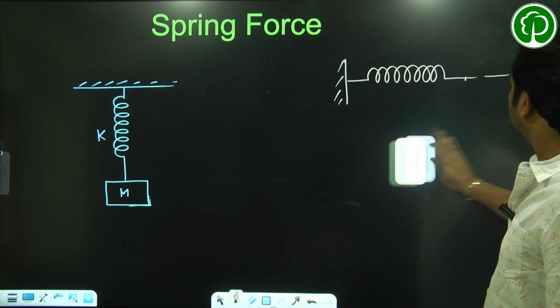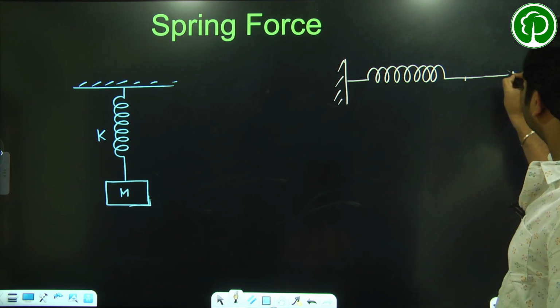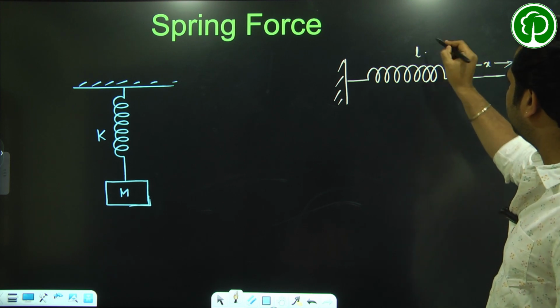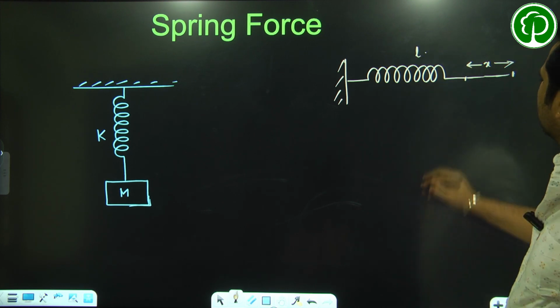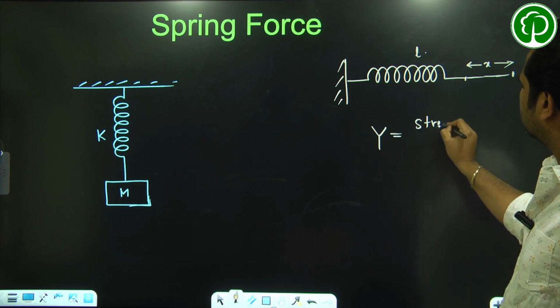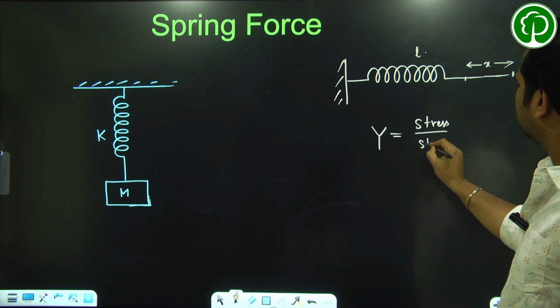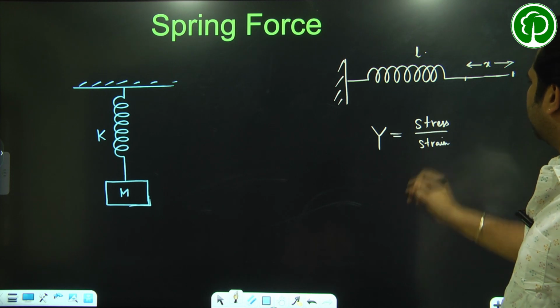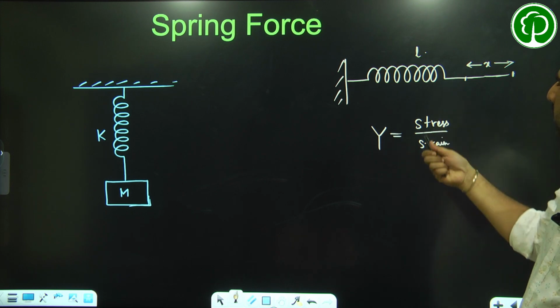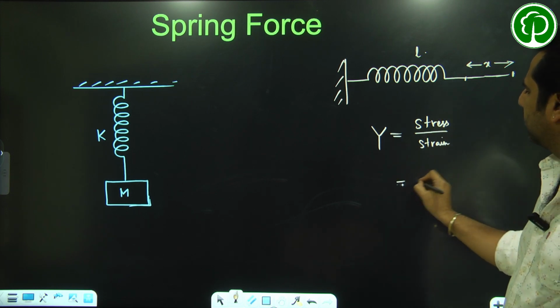Now, for example, say you are stretching the spring by a length x, natural length of the spring is L. Then we have this equation, Young's modulus is stress by strain, by Hooke's law. A spring will obey Hooke's law. Stress by strain.